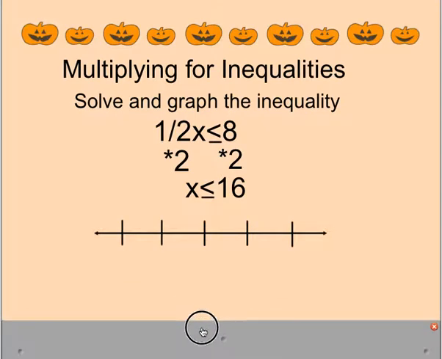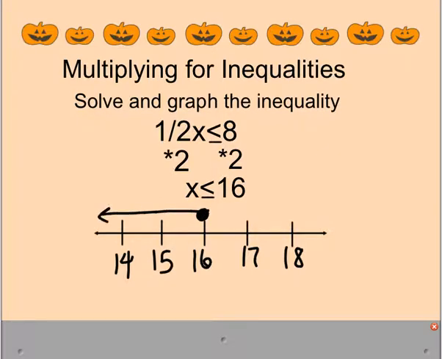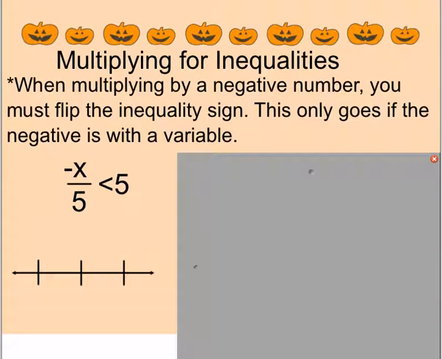So we can graph that on a number line by putting 16 in the middle, surrounded by consecutive numbers, and we can put a closed dot on 16 going to the left, showing those numbers that are smaller than 16, but also including 16. So we got x by itself on the left side of the inequality.